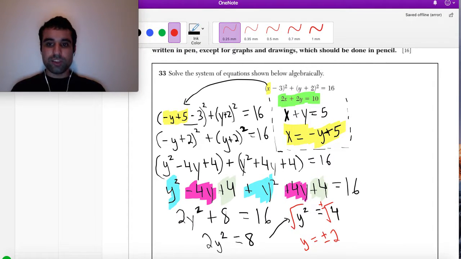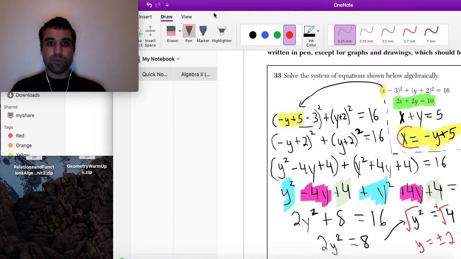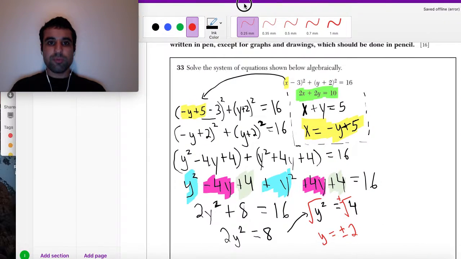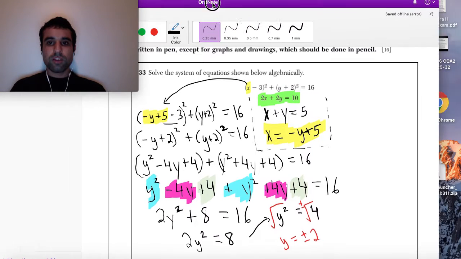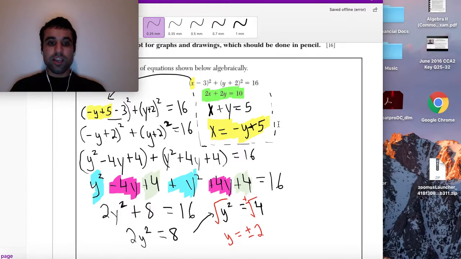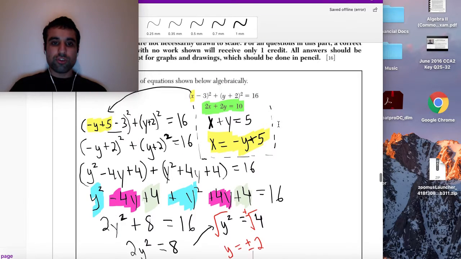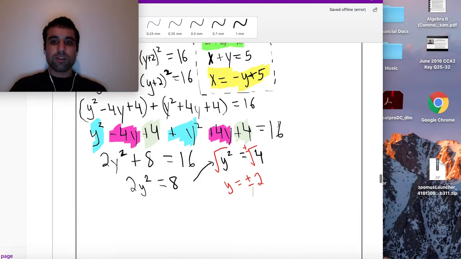So I'm going to use this equation right here, x equals negative y plus 5. I don't want to circle that because I don't want it to look like it's part of the answer. Where x equals negative y plus 5, I'm going to substitute the two y values to solve for x. On your exam, you could go below and you'll have more space, but I want you to be able to see everything at once. Why don't I go below?